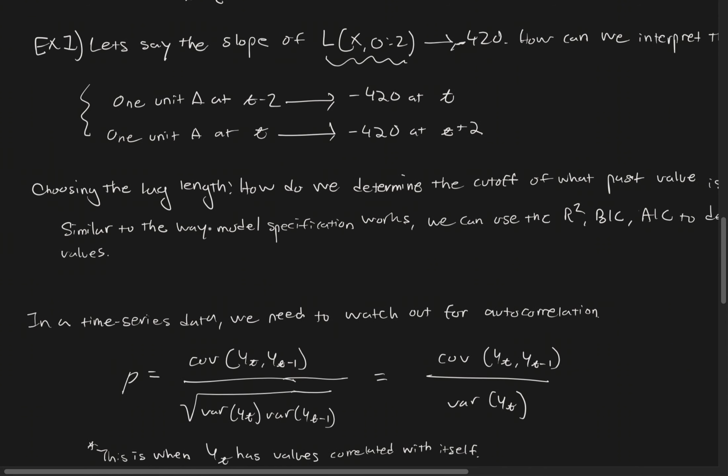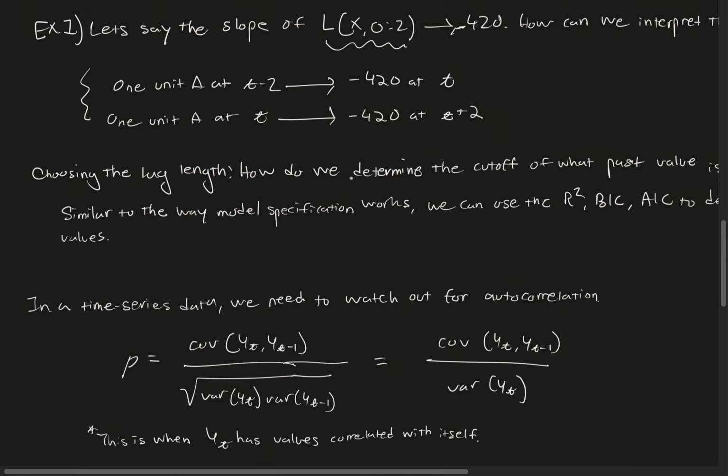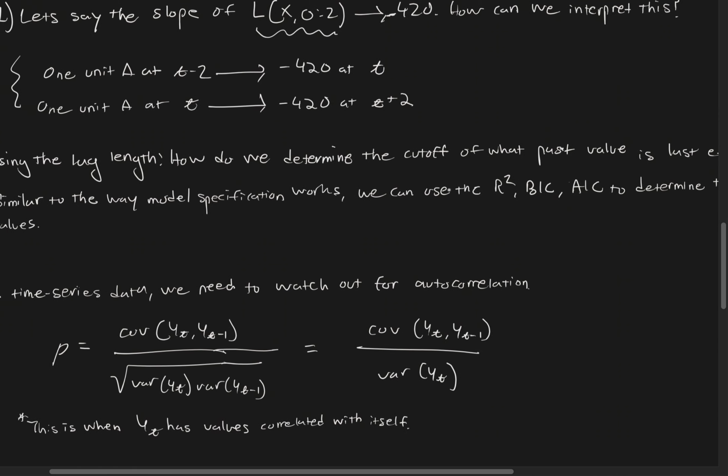So similar to the model specification, the time series model chooses our lag length based on the minimization of the sum of squared errors. I guess our sample size will always be the same, so we pick the one that minimizes the sum of squared errors.